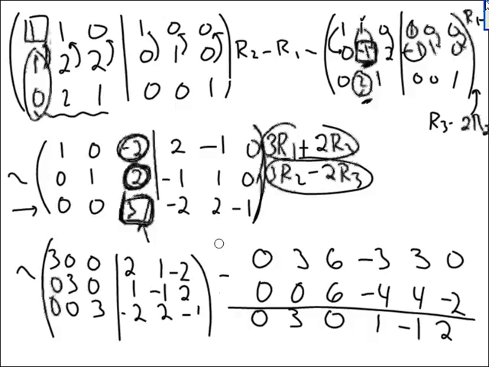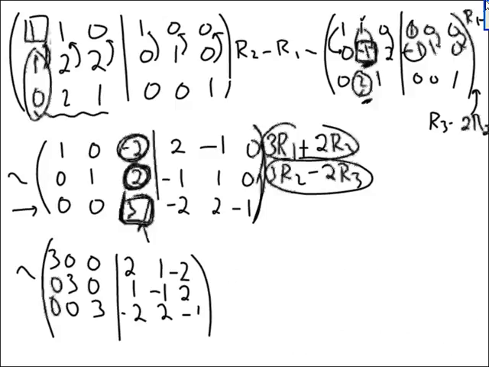Okay. Now, the left matrix is almost in RREF form. Why is it not? The leading entries are not 1. I'm going to divide the first row by 3, the second row by 3, the third row by 3.